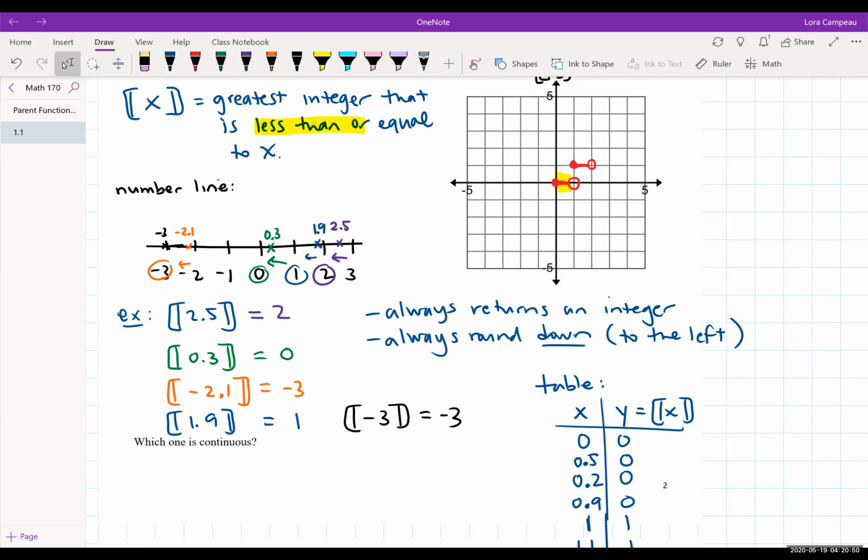And a few more of these, I'll make them a little bit prettier. You're going to see that there's a pattern happening. So we like this one, it's pretty. Here we go. And I can continue in the other direction as well. So notice it's an open circle on the right, closed circle on the left, because we are rounding down.